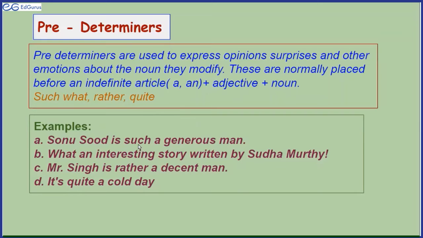This predeterminer is used before a determiner, that is an article, and an adjective, and then a noun. But actually, it is referring to the noun only. I hope it is clear.